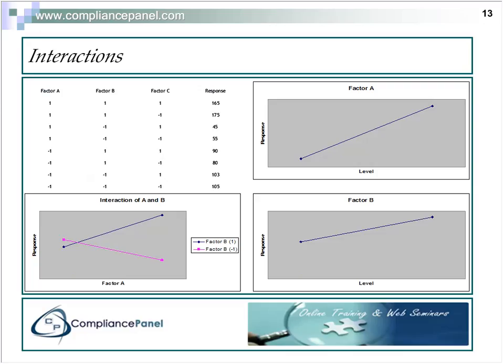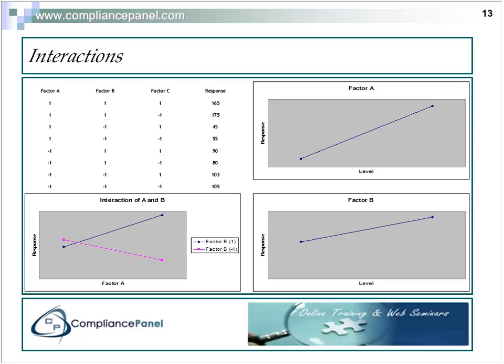You will see that we have a 3-factor study, and we have 8 different runs. In the upper right corner, you have factor A. What I did was plot the average of the 4 lows and the average of the 4 highs, and I drew a straight line between the 2.